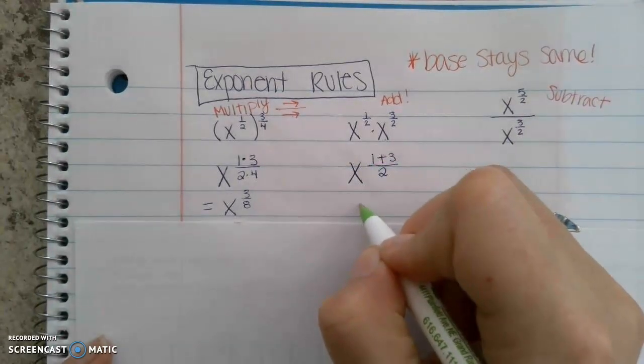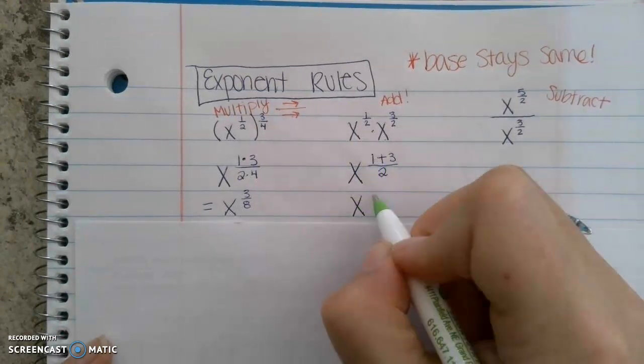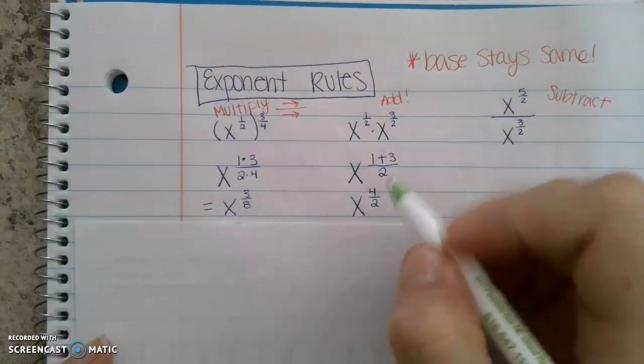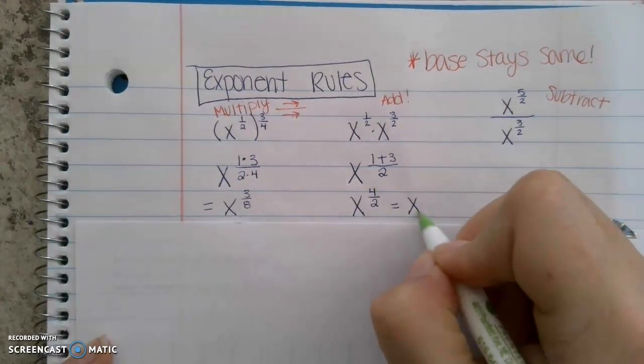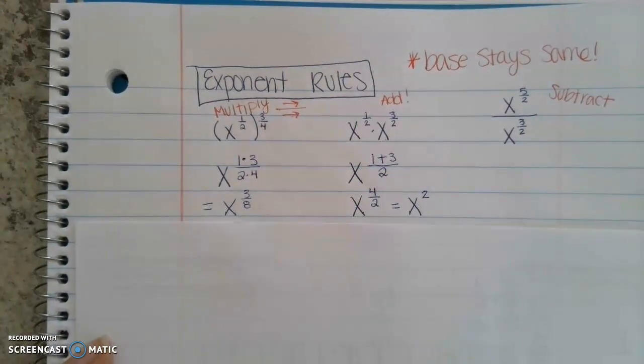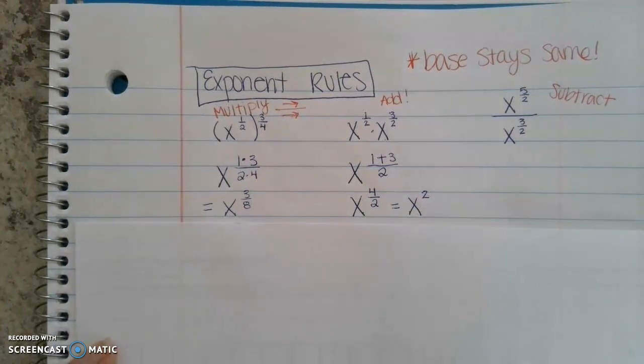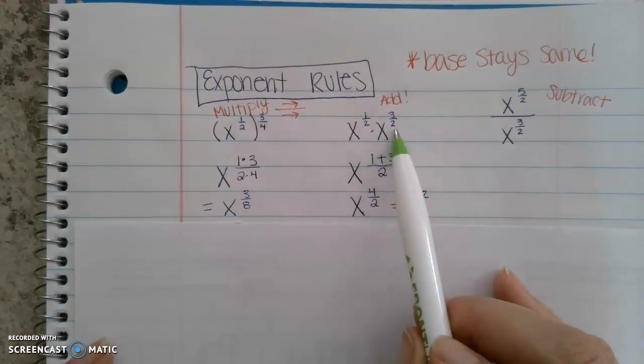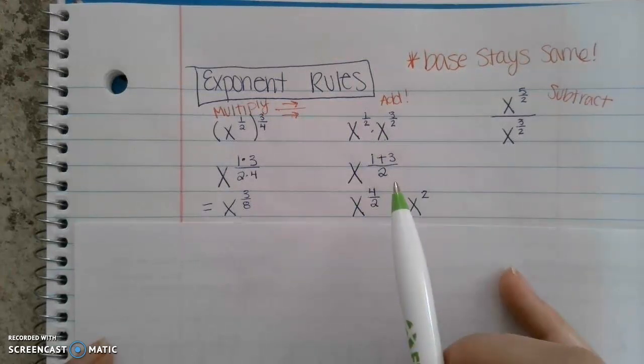So what we get here is x to the 1 plus 3 would give me 4 over 2, which 4 divided by 2, we can actually simplify this one to x squared. So that one simplified kind of nicely there. Okay, but again, I added my exponents here. Notice I did not add my denominators. The bottom of the fraction, the denominator stayed the same.